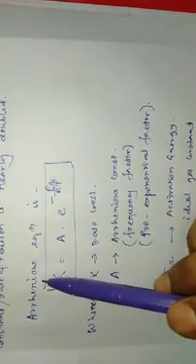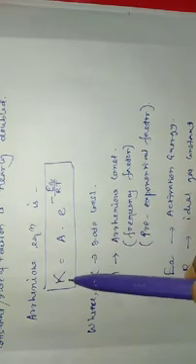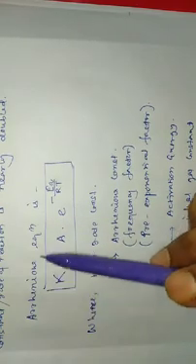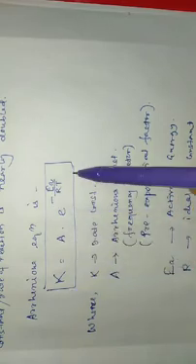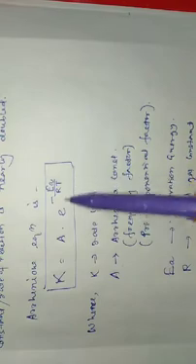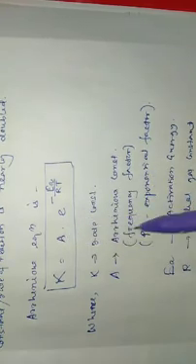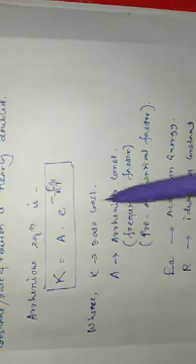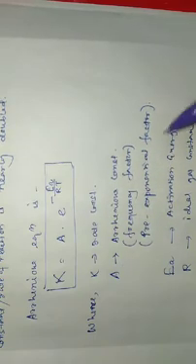So how the rate of a chemical reaction depends on temperature was explained by Arrhenius with the help of this equation, known as the Arrhenius equation, in exponential form. In this equation, k is the rate constant, A is the Arrhenius constant, also known as the frequency factor or pre-exponential factor.